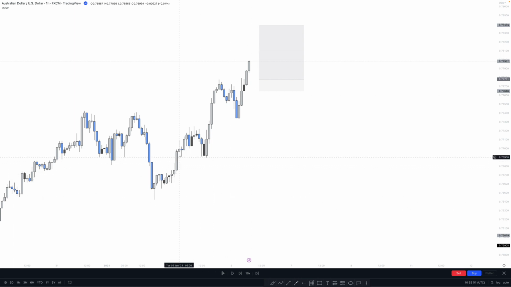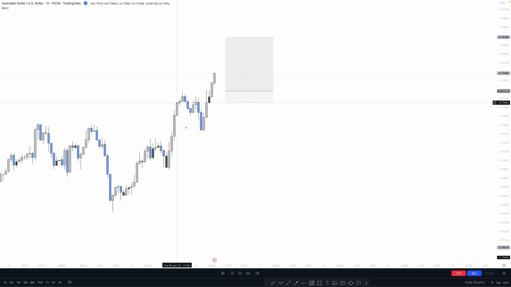As you guys can see, we had this push up that was not that clean because we had a weakness in it, but we had this retrace and then continuation push up that broke this high and broke this high, pretty impulsively. So this was a pretty impulsive move to the upside.